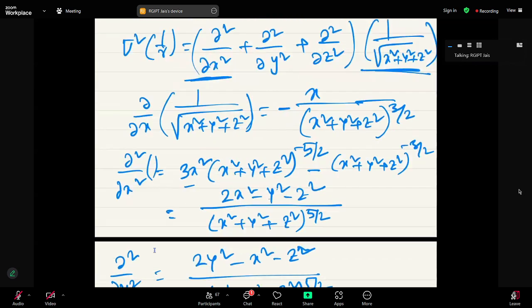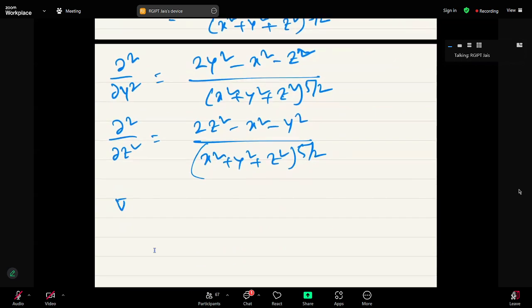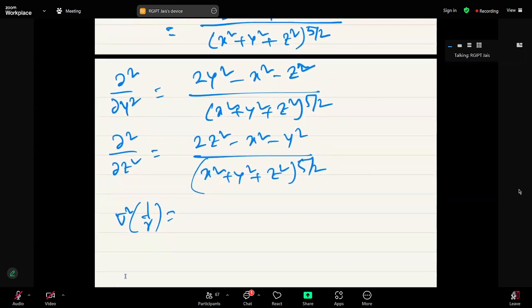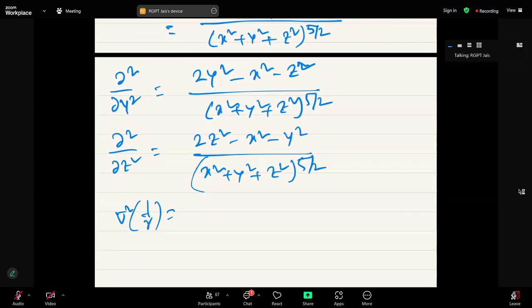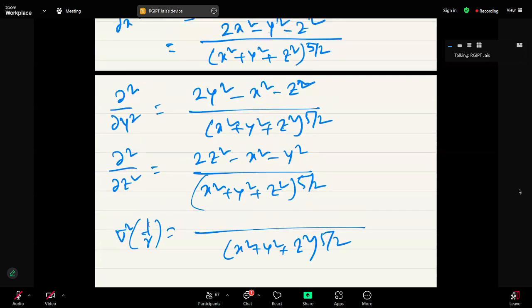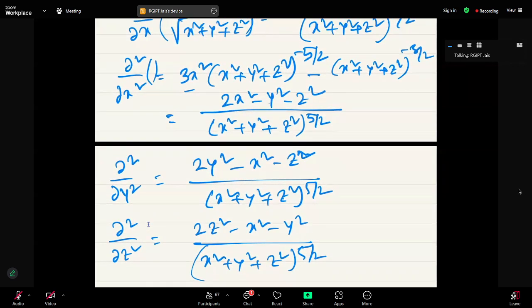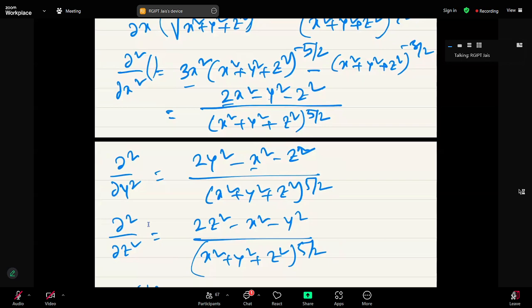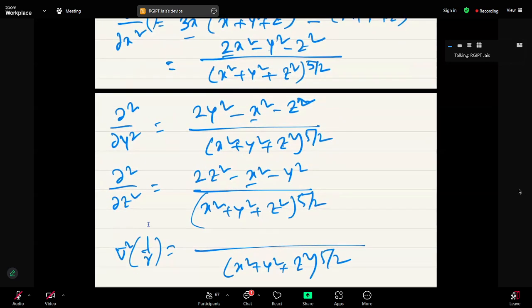So if we add all these terms, then grad square 1 by r, what will this be? This will be over x square plus y square plus z square to the power 5 by 2. So we have 2x square, minus x square, minus x square. This is 0. This should be 0.